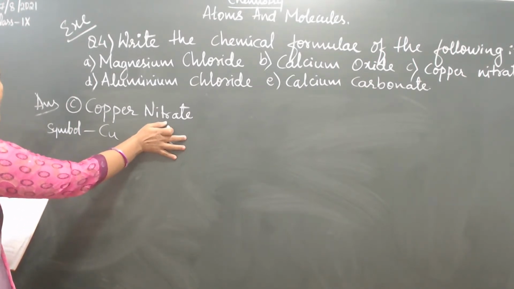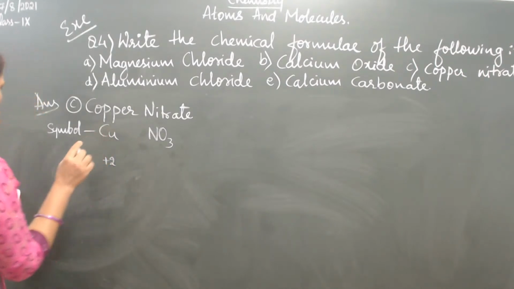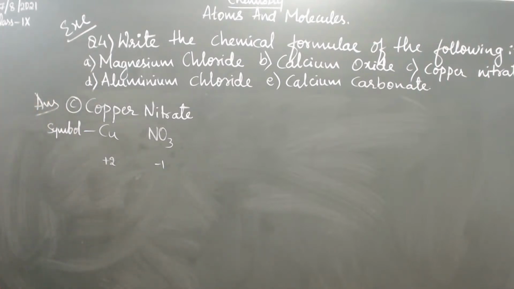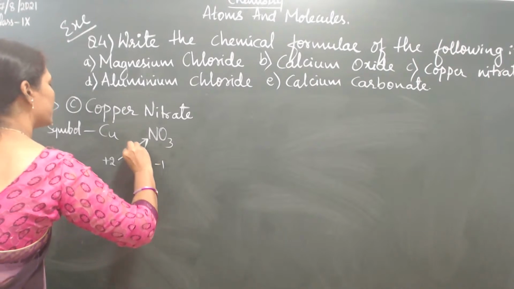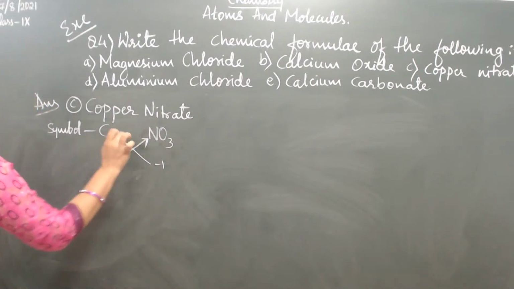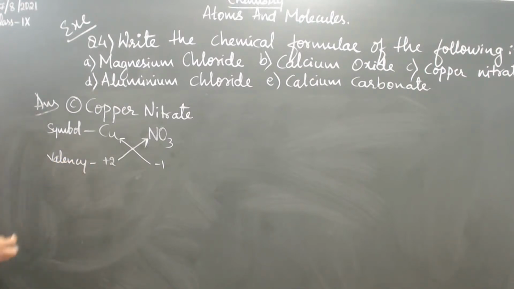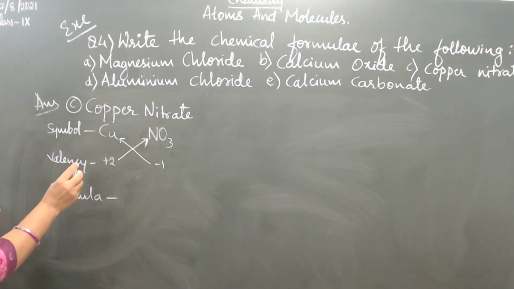This is a polyatomic ion. So here the charge of this copper is +2 and this polyatomic ion is -1. Again, what we have to do? We have to crisscross this valency or the charge. Then how are we going to write the formula?